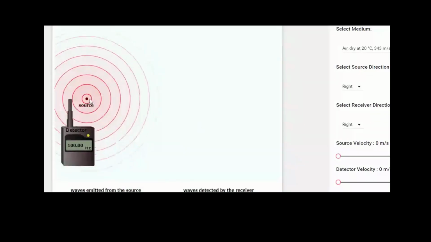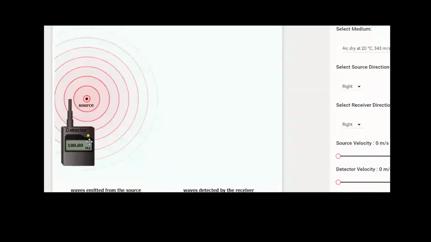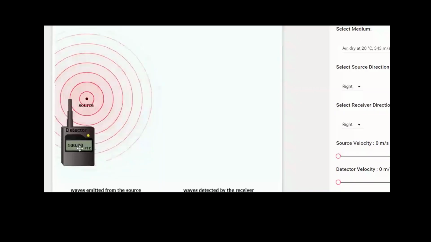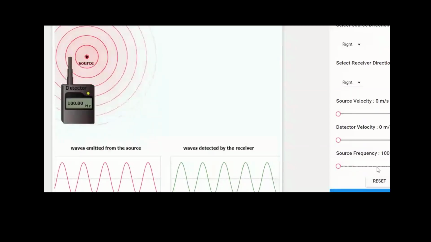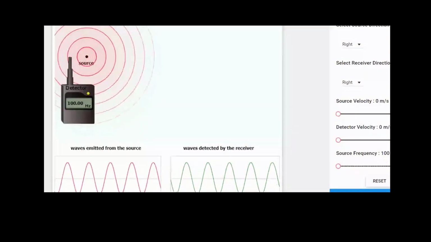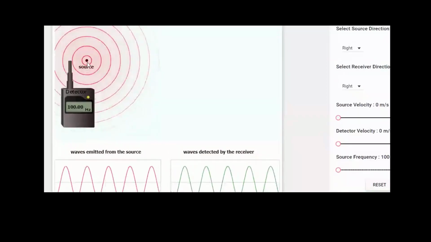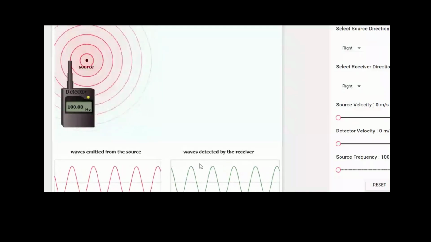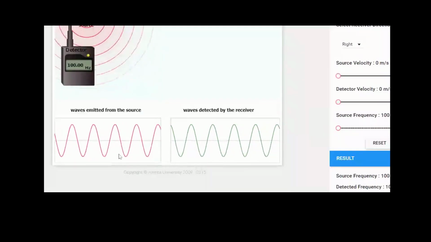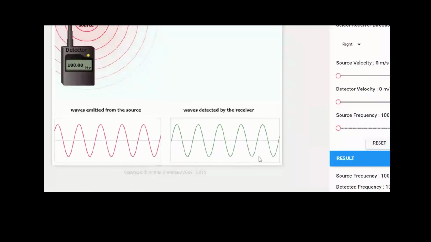So you see you have a source, and from this source sound waves are coming, and you have a detector. The detector is showing some frequency, because the frequency is given in this variable here. If a frequency of 100 is given and they are not moving, the same frequency will be shown. These are the waves coming from the source, and these are the waves detected by the detector.